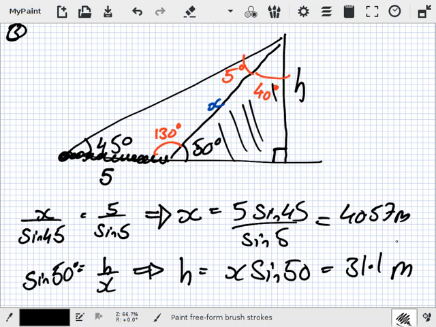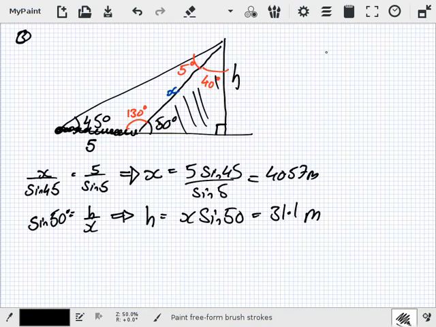I can't quite remember off the top of my head, but it's actually using tan. It's something like, you say tan 45 equals h over this distance, and tan 50 equals h over this smaller distance here.